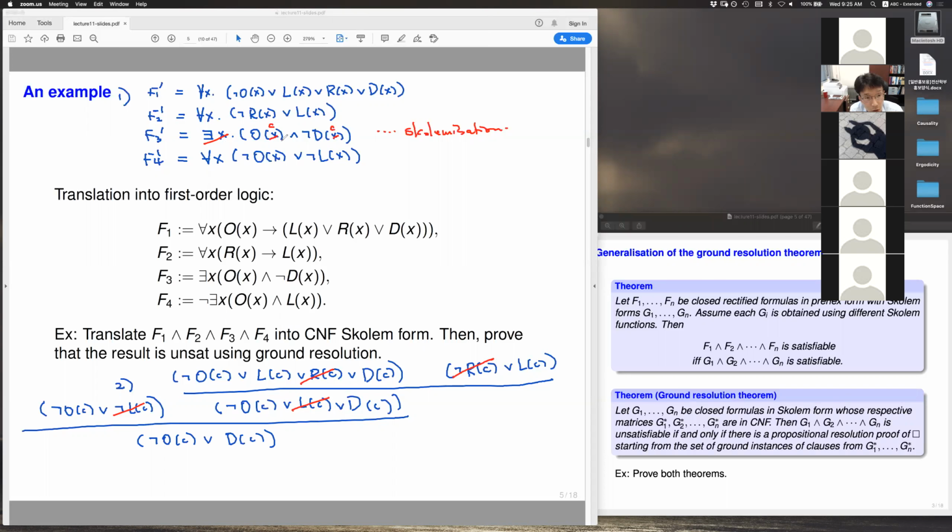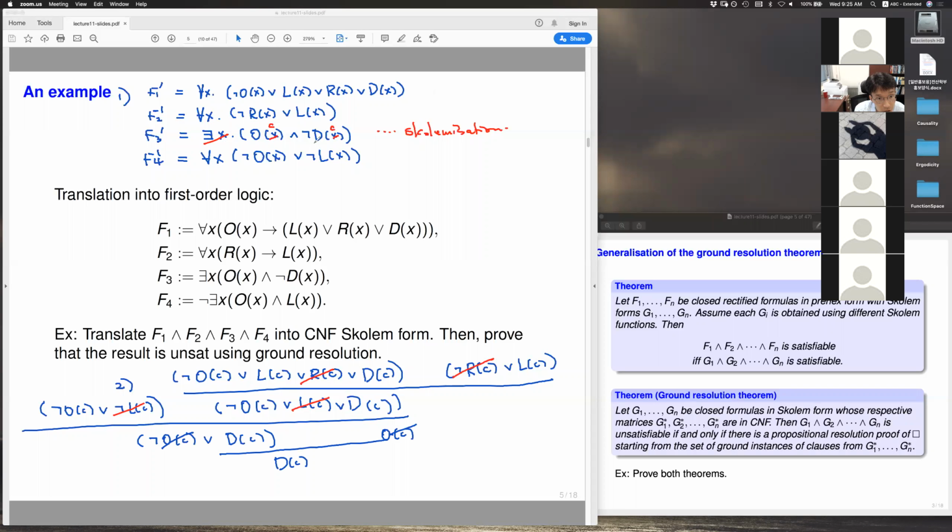Here we have two clauses, and then we just use one clause, which is O of C. And then apply the resolution proof step again, then we obtain D of C because these two guys get canceled.